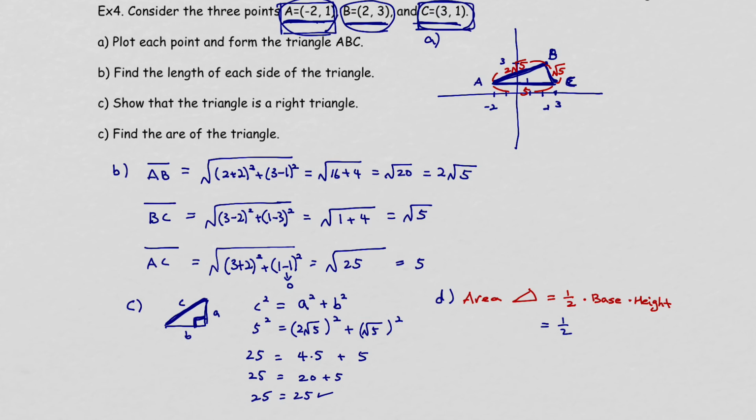Your base, you can use this as the base and that as the height, right? So let me mark it. This is base, this is height. So then you will do 2 square root of 5 times square root of 5. Watch, these two cancel out. And you have square root of 5 times square root of 5, which is going to be 5. So your area is going to be 5.